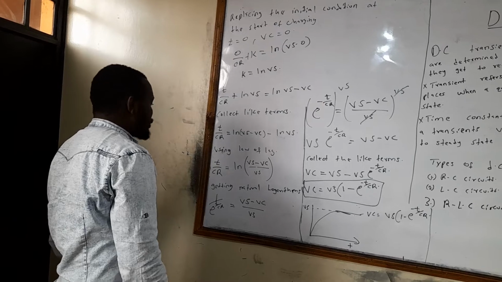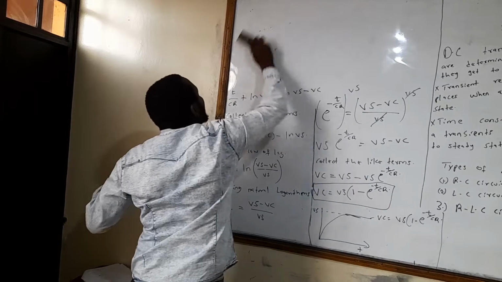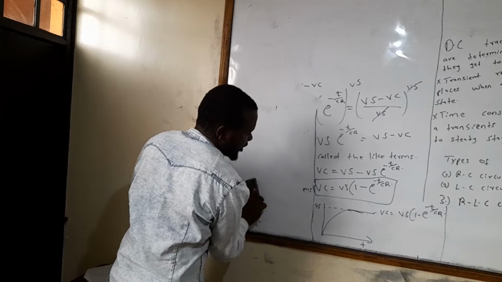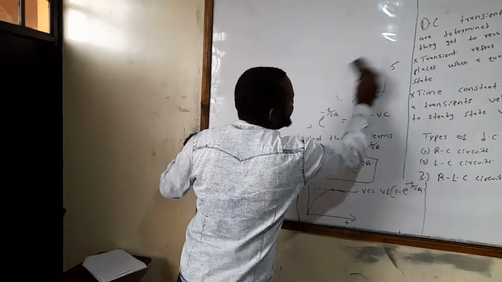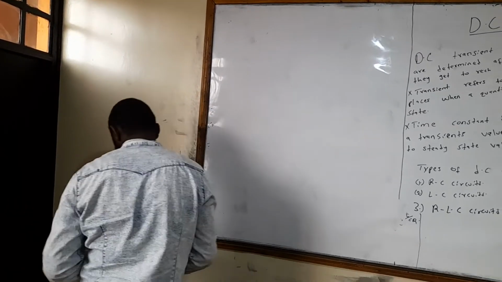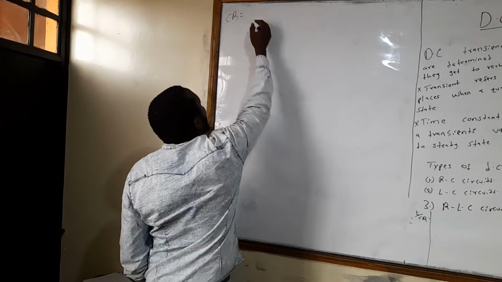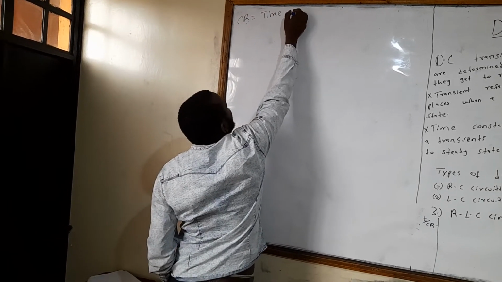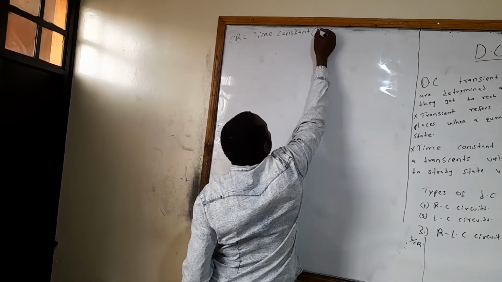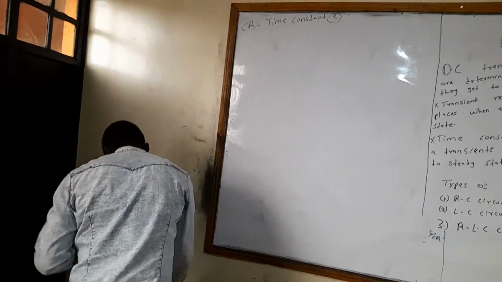You need to note that Cr is tau, the time constant, sometimes written with this symbol. It's called tau.